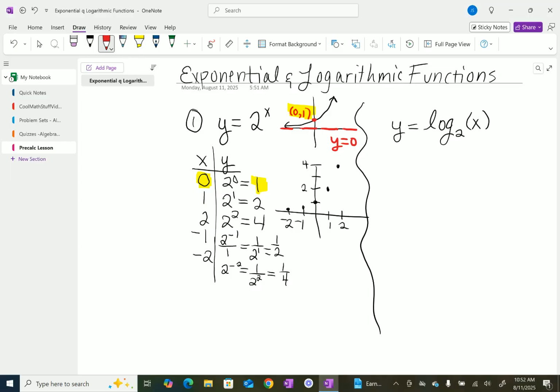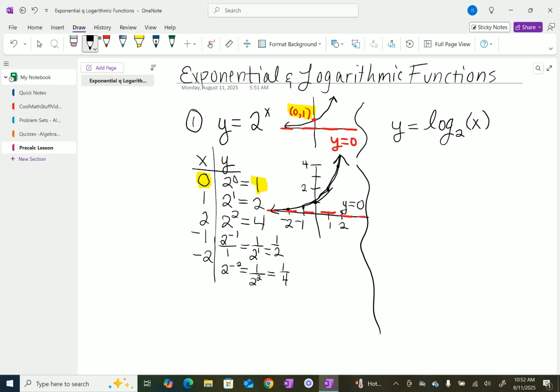And you see that those values are going to get really close to the x-axis, but they will never ever touch it. You will never get down to 0. And then we just connect. Okay, and then you can label that horizontal asymptote. Awesome. So that is all there is to graphing that exponential growth function.